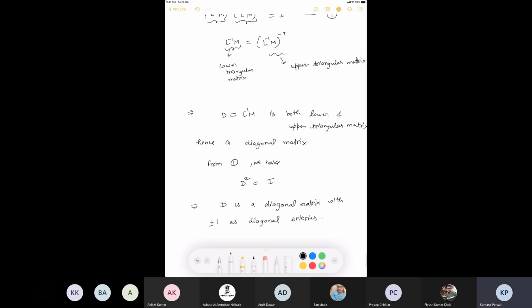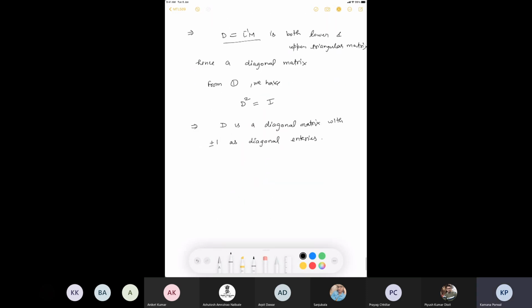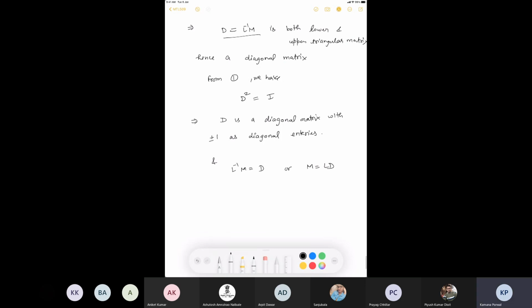And we have this relation that L inverse M is D, or M is nothing but L times D. Okay, so if you have two different Cholesky factorizations of the matrix A, the only possibility is that you can have the multiplication of the columns by -1. That's the only difference you can have. Okay, otherwise they will be the same.